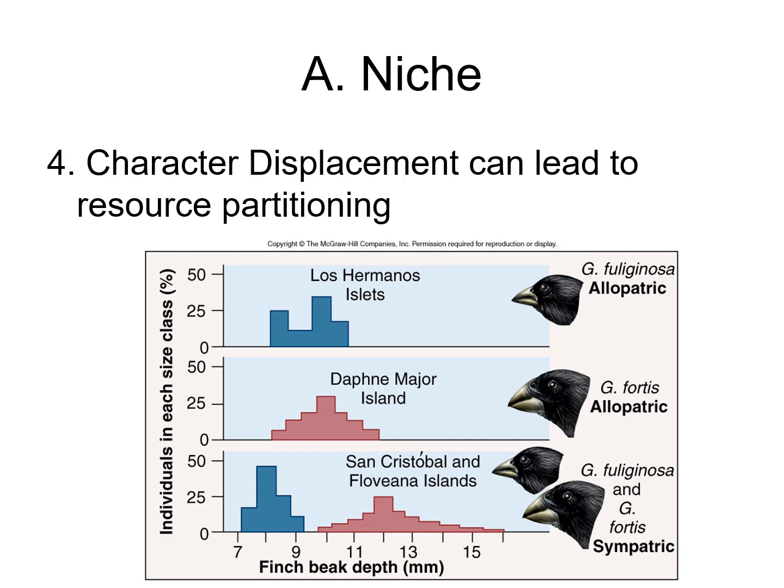But on San Cristobal, both species live. And on the islands where they both are found, over time they have become more different from each other. We've had character displacement.